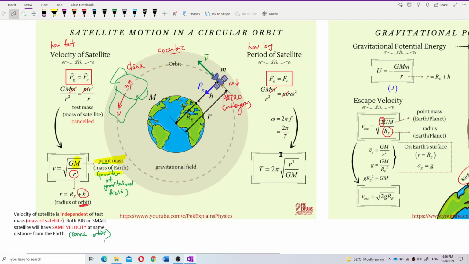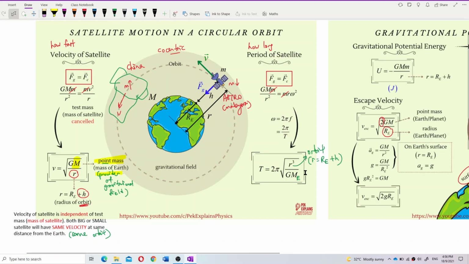You get the formula for period of satellite, which is equal to 2 pi square root of r cubed over GM. Again, the mass here is the mass of Earth, the point mass. And this is the radius of the orbit, so it is the radius of Earth plus the altitude.